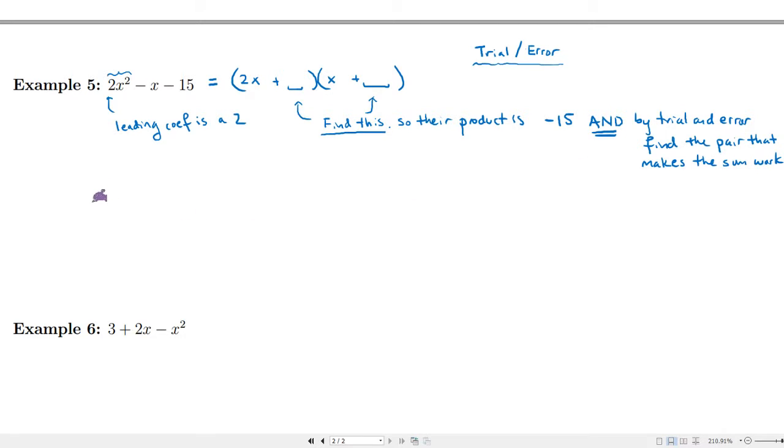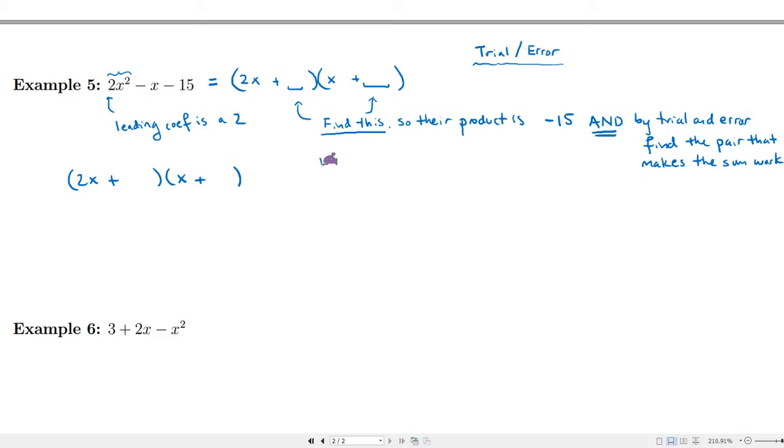Okay, so let's do some trial and error. So 2x plus blank, x times x plus something, right? So 2 plus something times x plus something. Okay, now we need to make the product negative 15. So what are some possibilities?